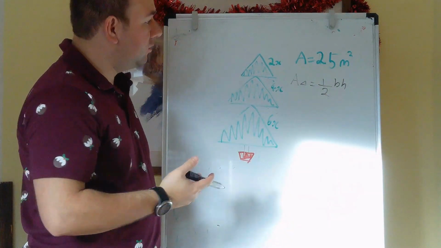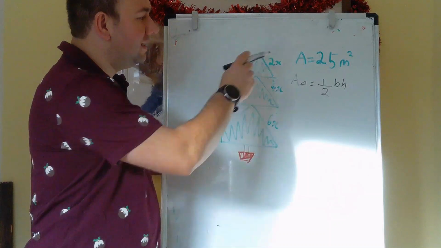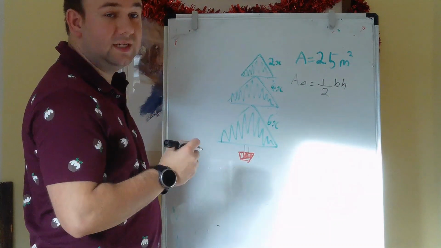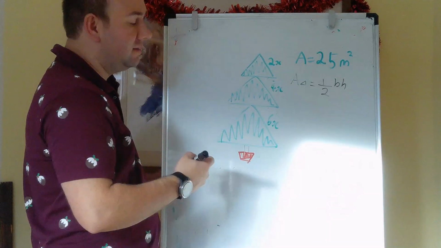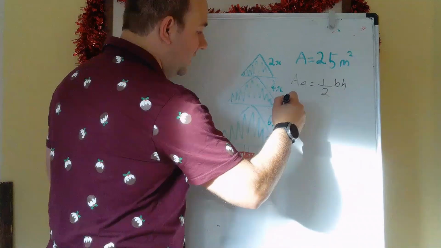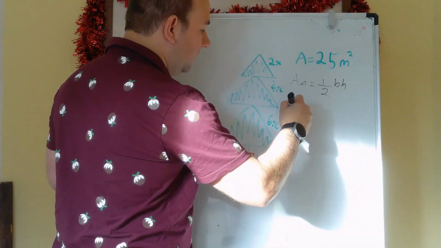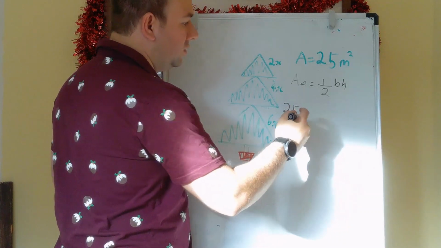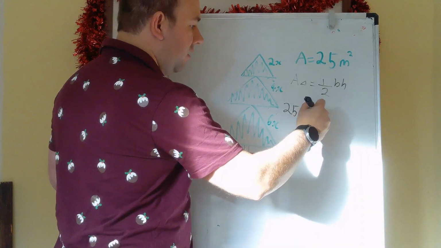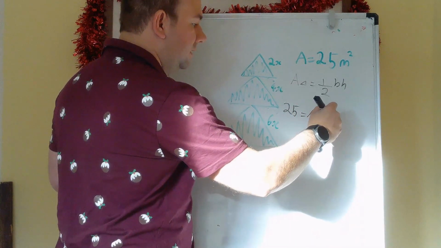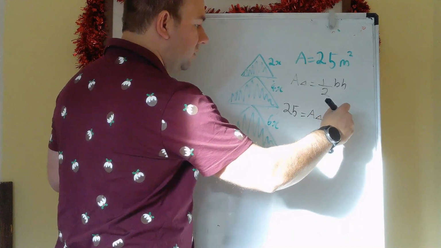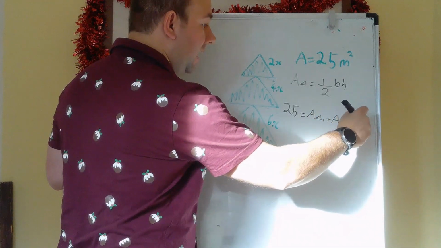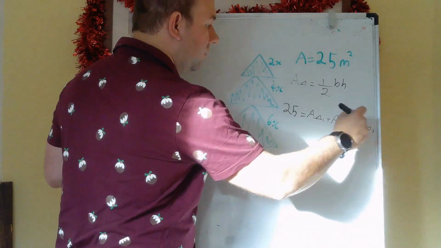In this case, we have 3 triangles adding together to equal 25, so we can form an equation out of that. We can say that 25 is equal to the area of triangle 1 plus the area of triangle 2 plus the area of triangle 3.